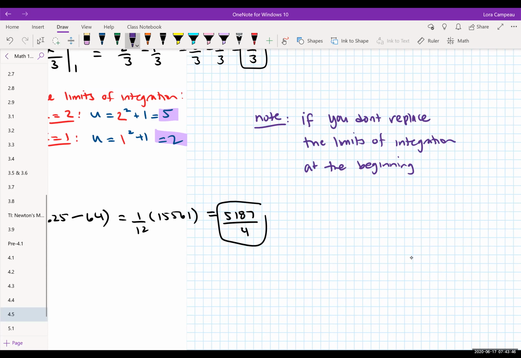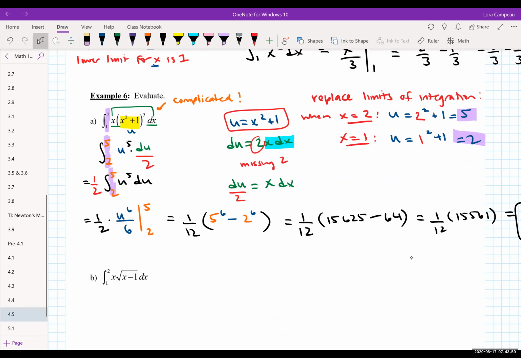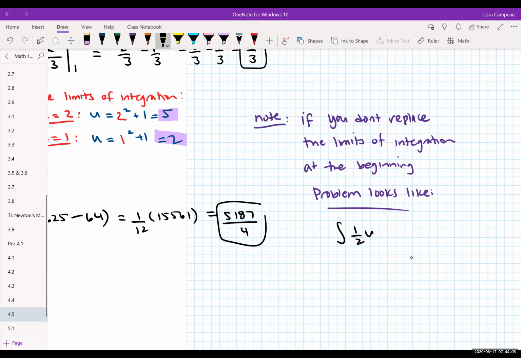Let's go back. Problem looks like, okay, so we had the integral of 1/2 u to the 5 du.